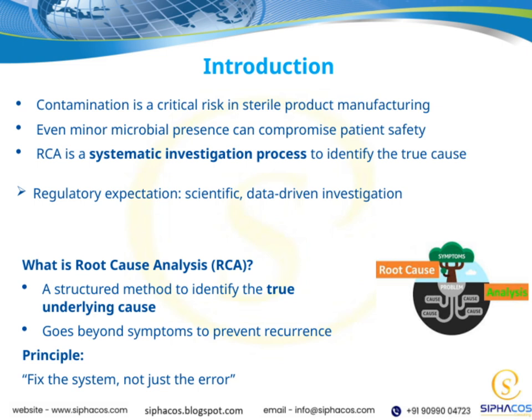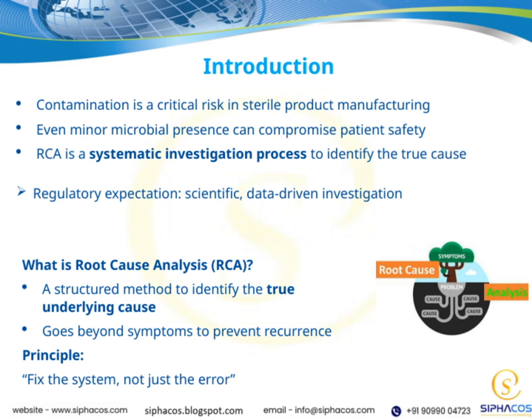In the context of sterile product manufacturing, contamination is a critical risk we face. Even something as minor as a tiny microbial presence can jeopardize patient safety. That's why a systematic investigation process like RCA is so important. It helps us dig deep to uncover the true cause of contamination issues, rather than just treating the immediate symptoms. And from a regulatory perspective, there's a clear expectation.